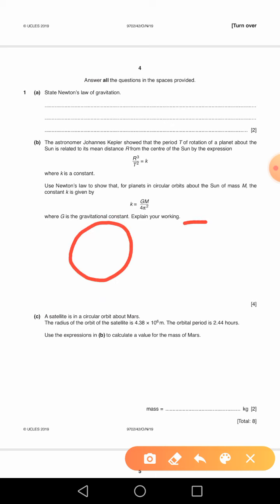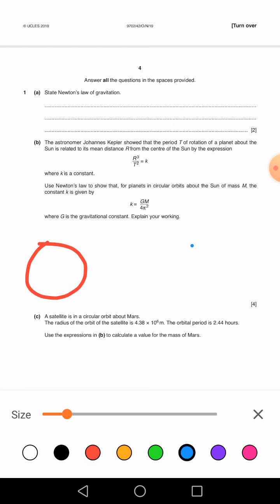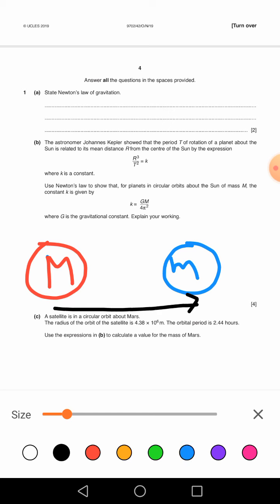Okay, let's look. For example, these are the two objects. Its mass is capital M and its mass is small m, and the distance between their centers is r.